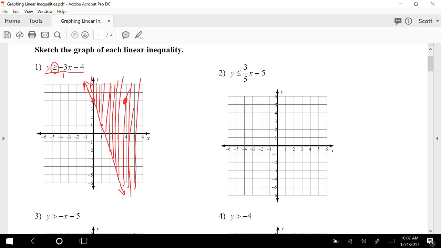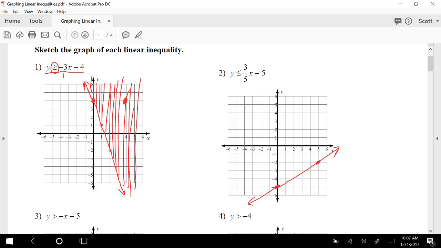So we have a b value, or y-intercept, of negative 5, so we'll go to negative 5, plot that, and then we have a slope of 3 over 5. So we go up 3, right 5. It has an equal sign underneath the greater than or less than symbol, so that is going to be a solid line. And we're saying that y is less than.